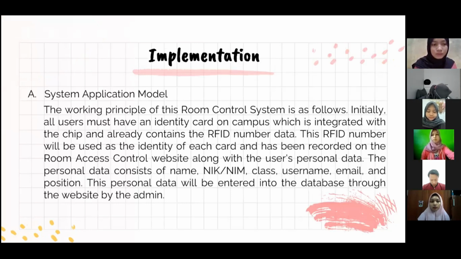Initially, all users must have a campus identity card integrated with a chip that already contains the RFID number data. This RFID number is used as the identity of each card and has been recorded on the room access control website along with the user's personal data. The personal data consists of name, nickname, class, username, email, and position. This personal data will be entered into the database through the website by the admin. Next.